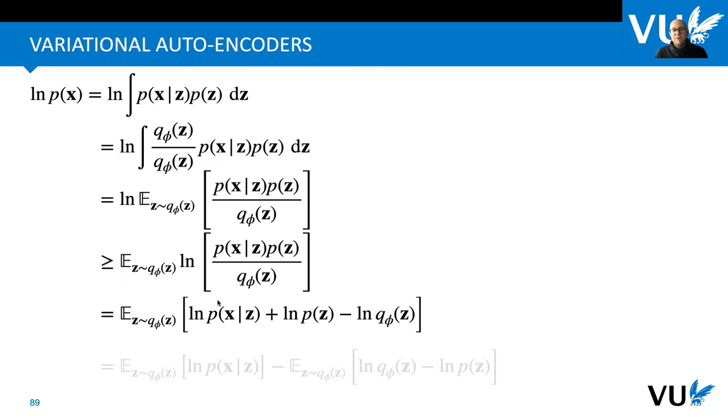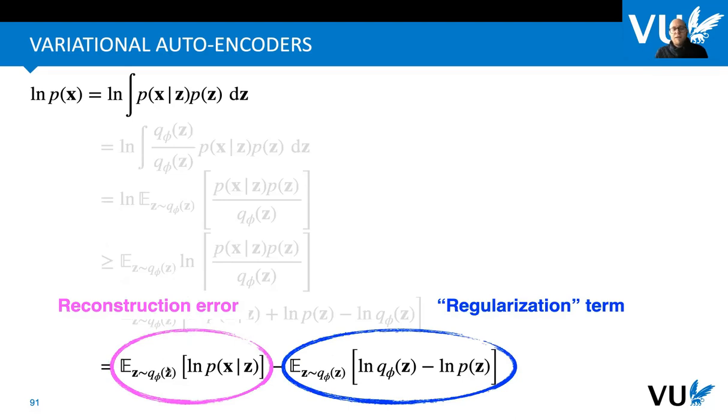So we get log of p of x given z, so the log conditional likelihood, the marginal over z's, and the approximate variational posterior. And we can actually divide it into two parts, because here is a plus and a minus, so we can easily change the order and write it as two parts. And why is this useful? Well, this is very useful because for the first part, we can say that this is the reconstruction error because we go from z to x.